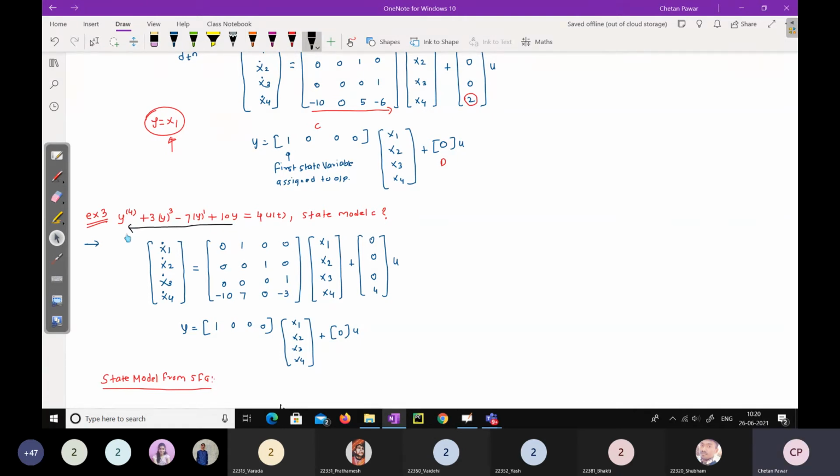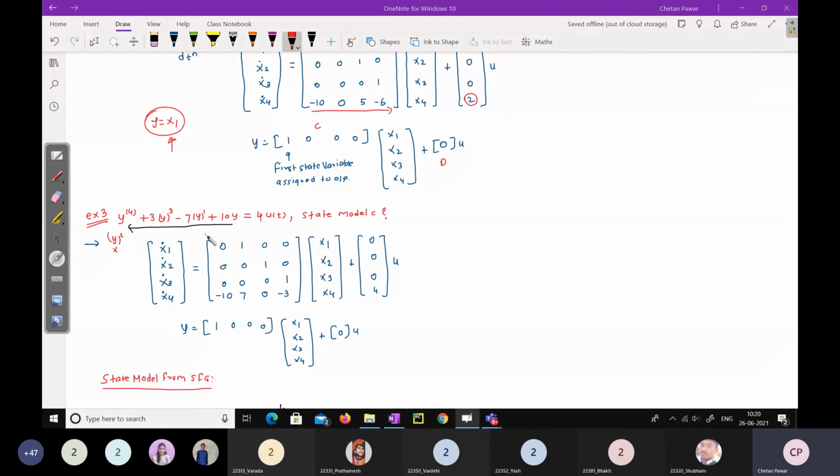Take opposite signs. Okay, so now here which term is missing in this example 3? The y raised to 2 term is missing here.